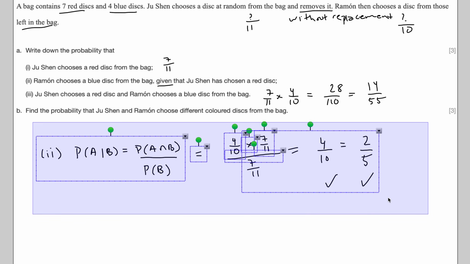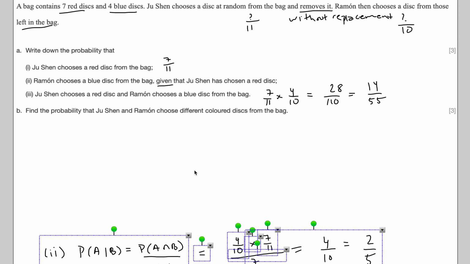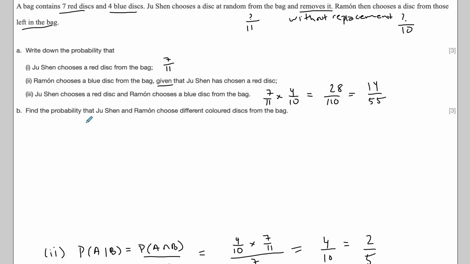For part B, we have the probability that Jushan and Raman choose different colored discs from the bag. In this case, you have to consider different combinations.